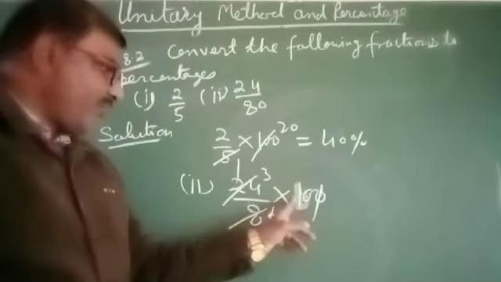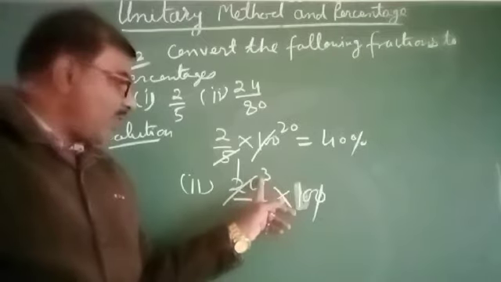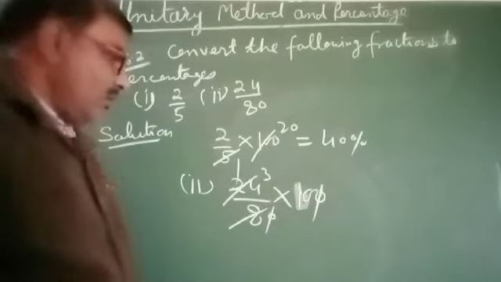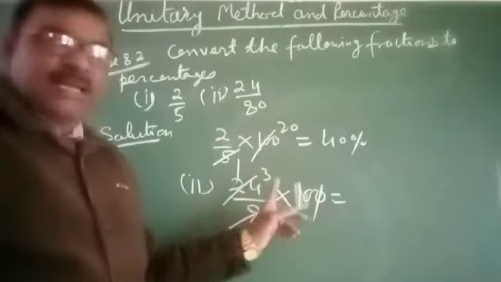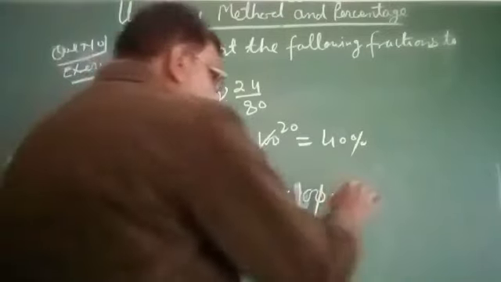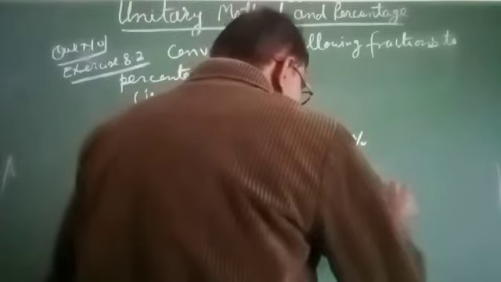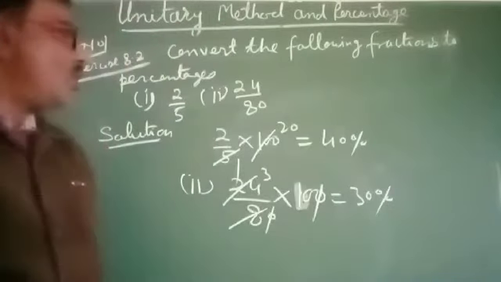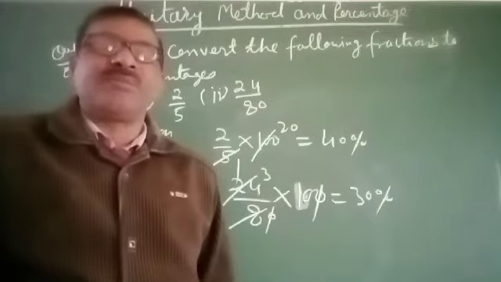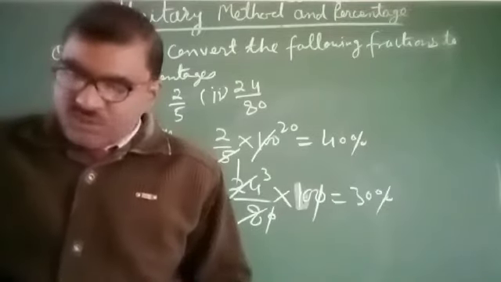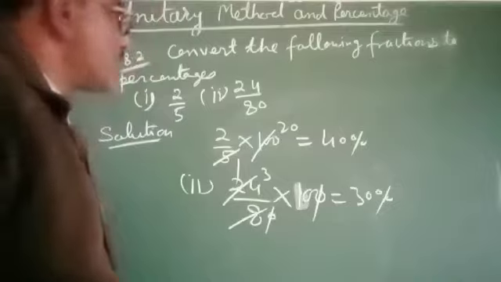Now here is 10 and here is 3. When you multiply 3 and 10, we get 30, so it will be equal to 30%. So 24 by 80 equals 30%. Now next question, question number 2.